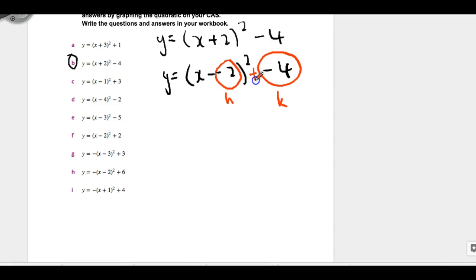Because in your turning point form, which is above, it's a plus there. So your turning point is (-2, -4), and your axis of symmetry is x equals -2.